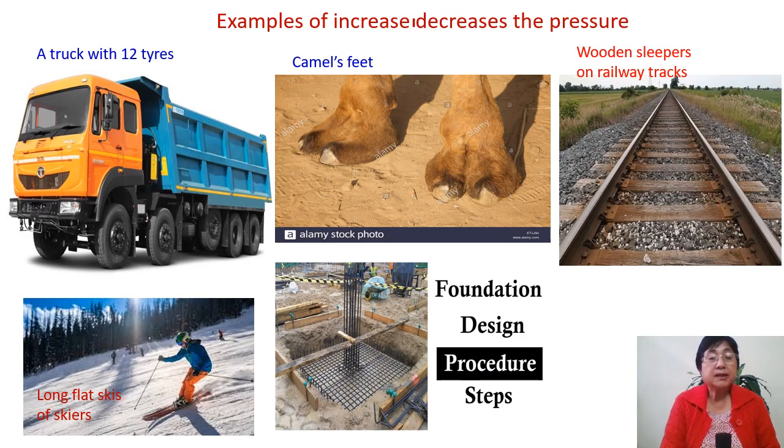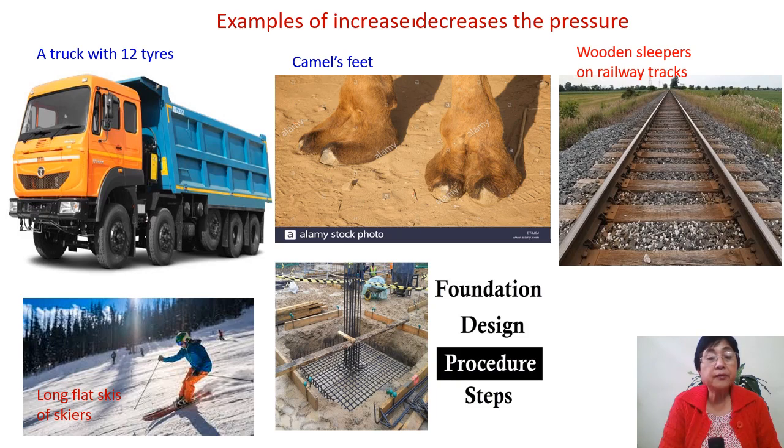Now, the next example that we see is here. Skiers never walk on the snow simply by their feet. Instead, they use skis, and the skis are long, and when they are long, it makes the area of contact more compared to the area of contact of the feet only.